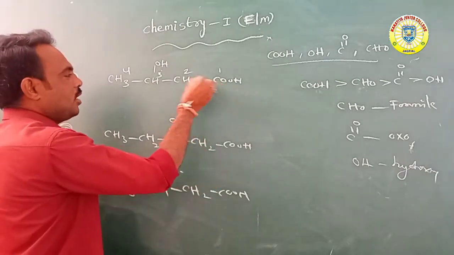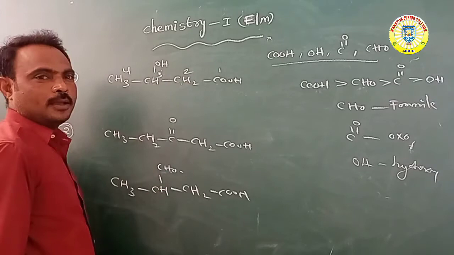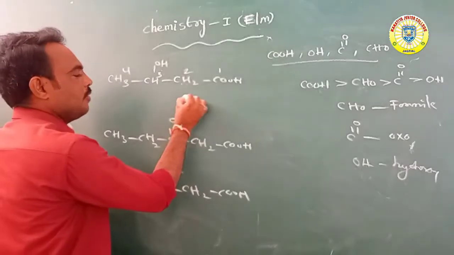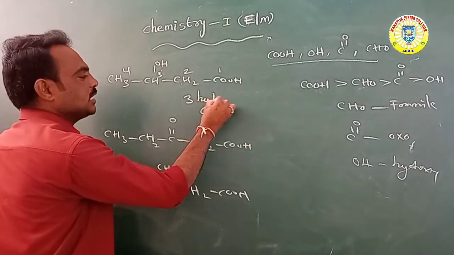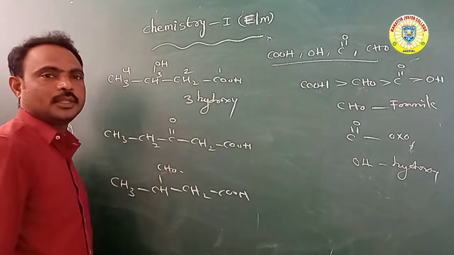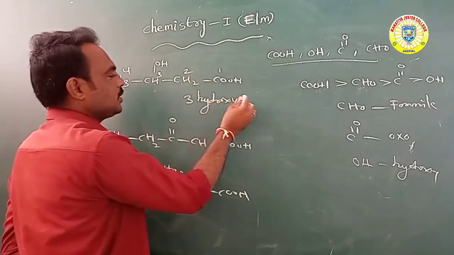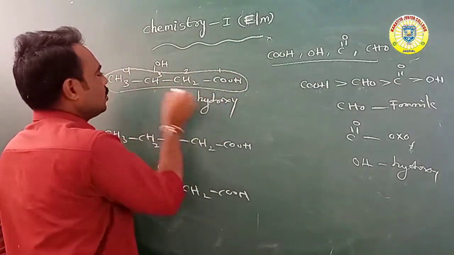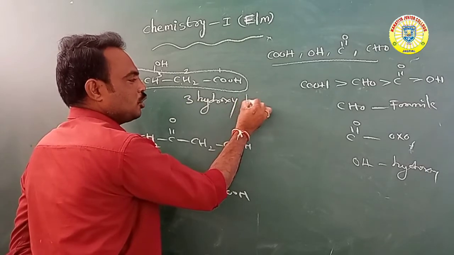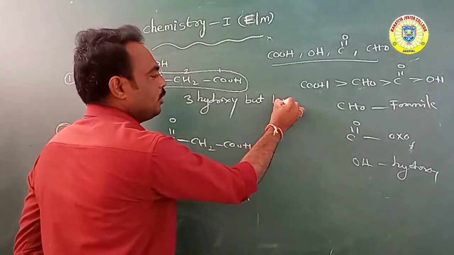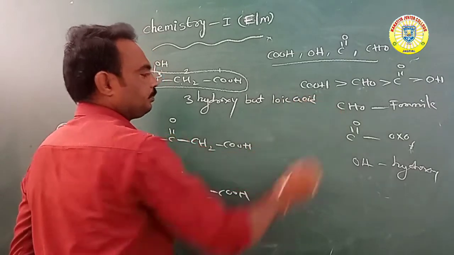The third carbon is attached with OH, so we write 3-hydroxy. And how many carbons in the long chain? Overall 4 carbons, so we write but and oic acid.